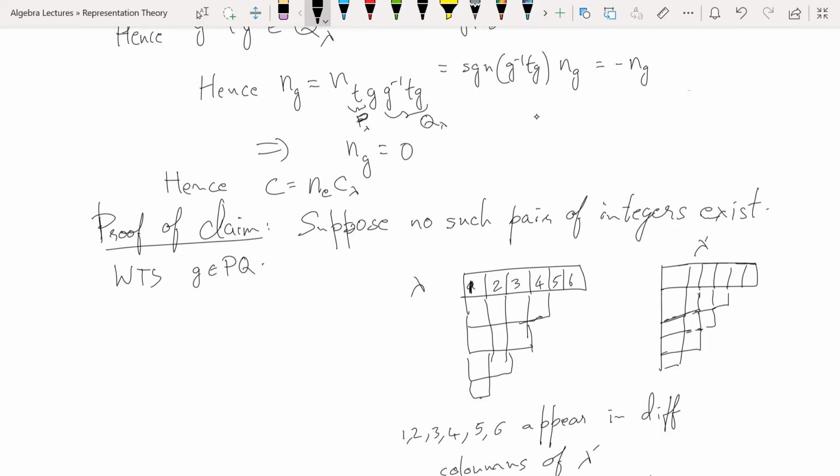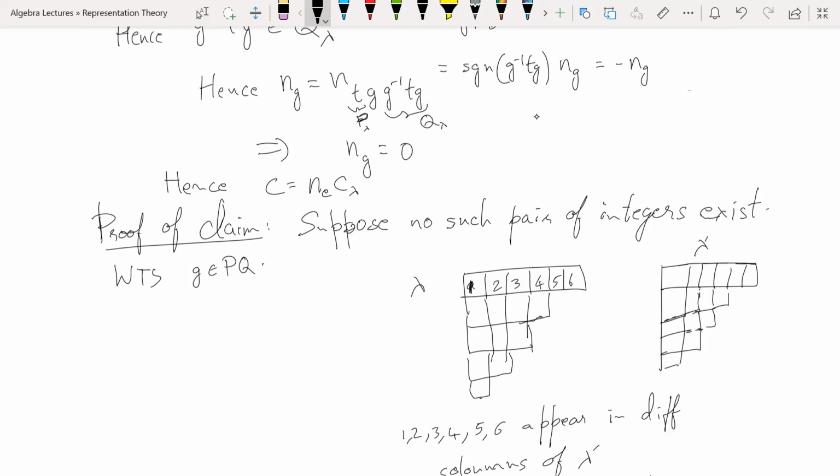So first row of lambda looks like 1, 2, 3, 4, 5, 6. So suppose no two elements of this particular row are in the same column of lambda prime.